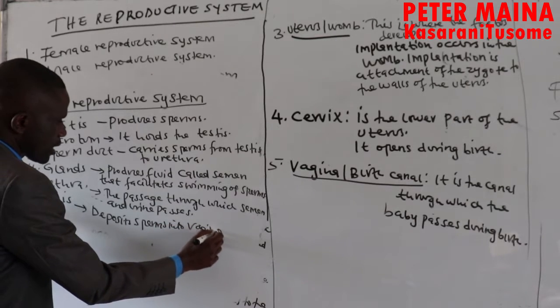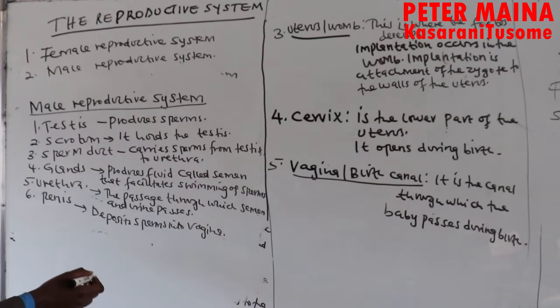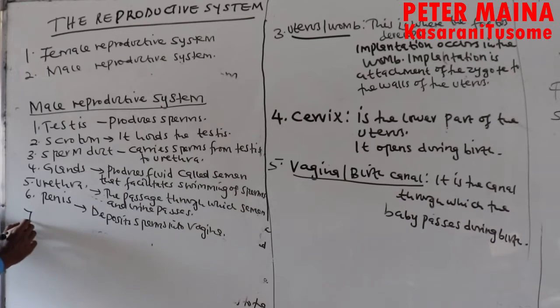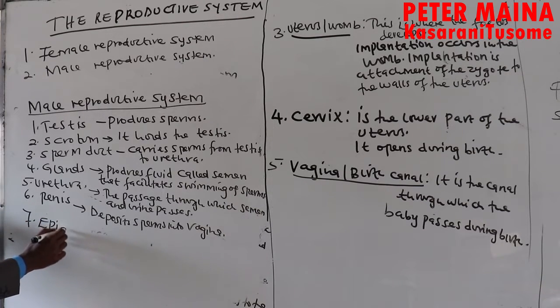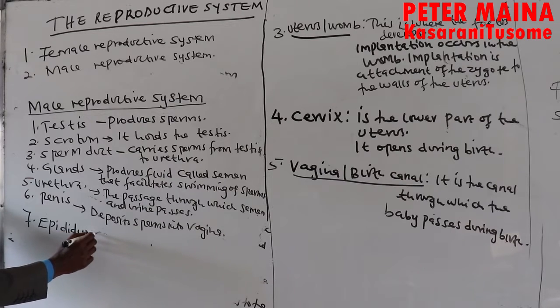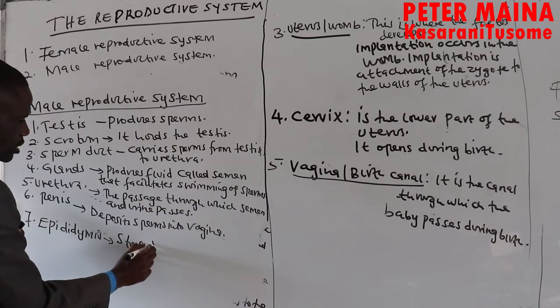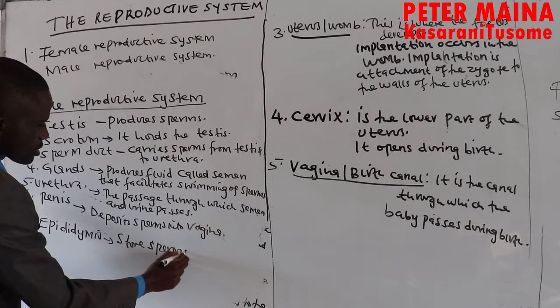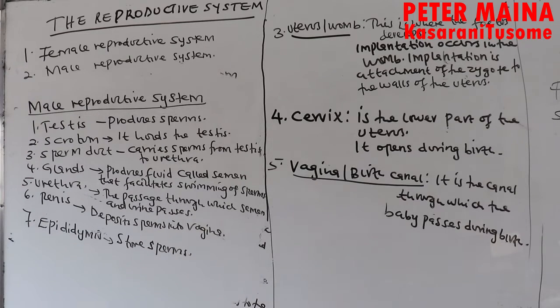And then the seventh one is the epididymis, and its function is to store sperms.